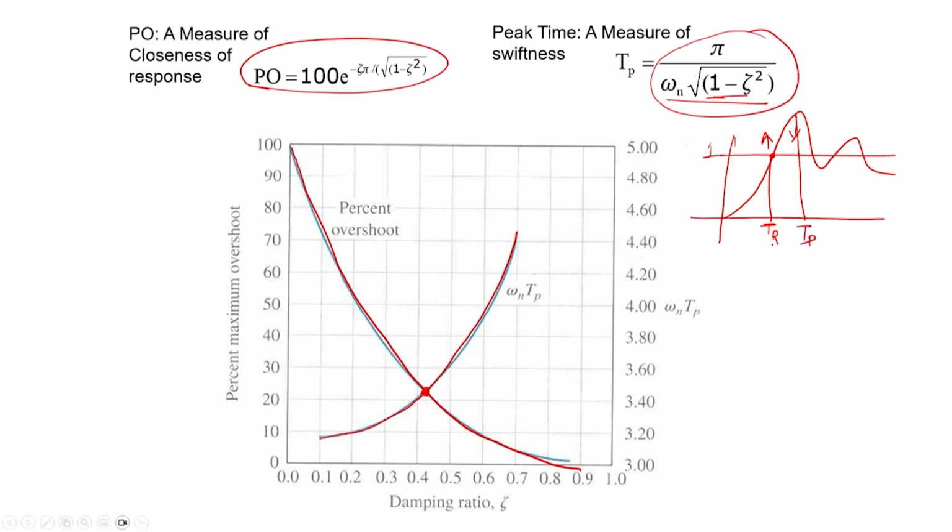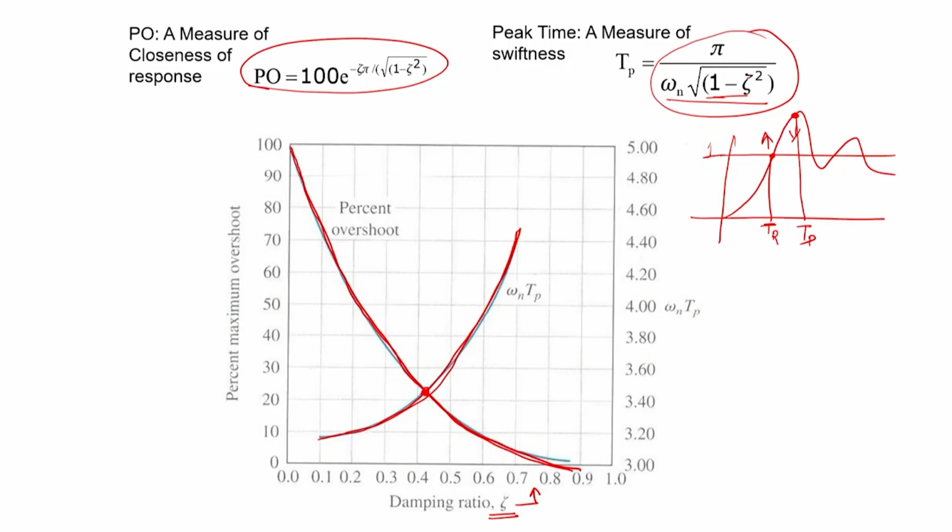Okay. So, percentage overshoot is something that is going to improve with the increase of the damping ratio. But it is also true that the peak time to reach this point is going to increase in a nonlinear way with respect to the increase of the damping ratio.